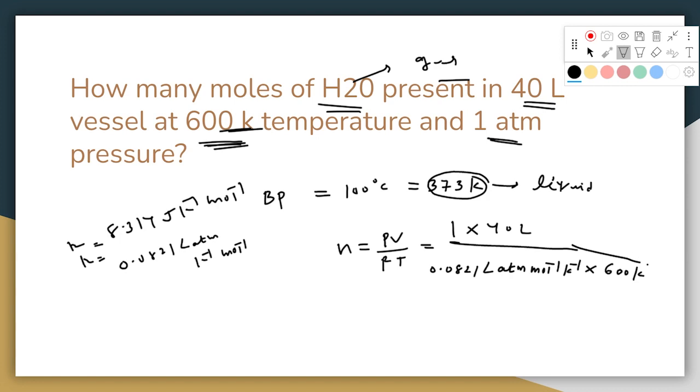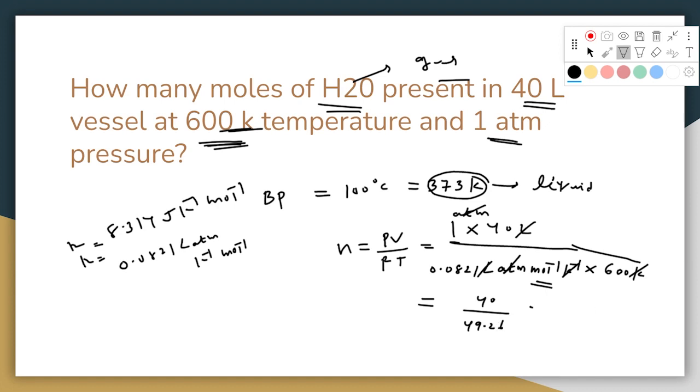Okay, Kelvin per Kelvin get cancelled. Atm, here 1 atmospheric pressure, right? So atm gets cancelled. Liter gets cancelled. Now I have per mole in the denominator. In the numerator I'll get mole, right? So what is this value? 40 by 49.26.